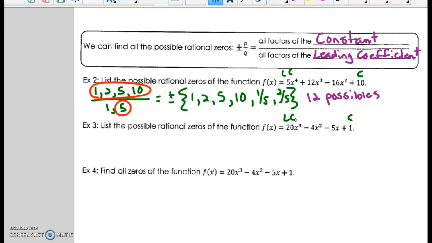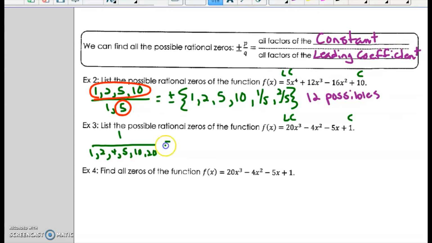So we're going to have a lot more fractions on this one. So the constant is 1, and 1 is the only number that divides into 1. The leading coefficient is 20, so there are a lot of numbers there. 1, 2, 4, 5, 10, and 20 are all numbers that divide into 20.